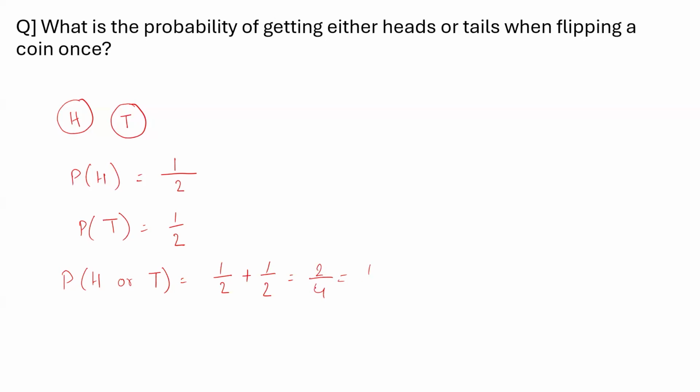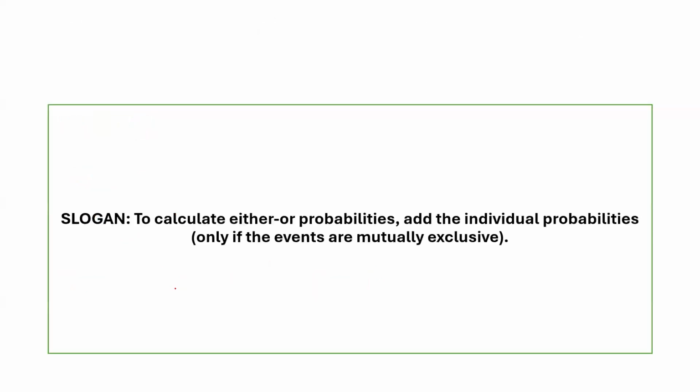That is 2 by 2, right? So that is 1. This is the probability of getting a head or tail. Next problem. So the slogan is to calculate either-or probabilities, add the individual probabilities, and that is your final answer.